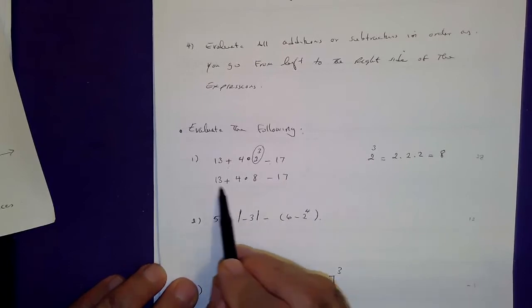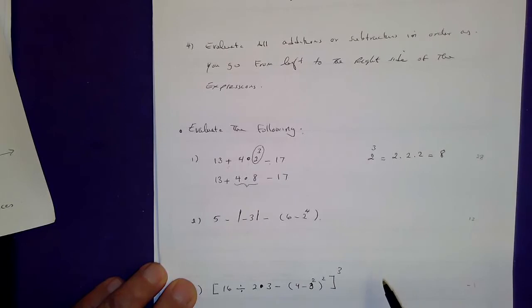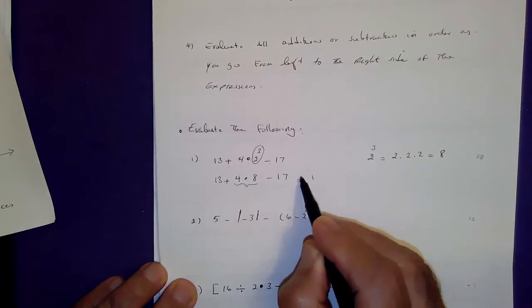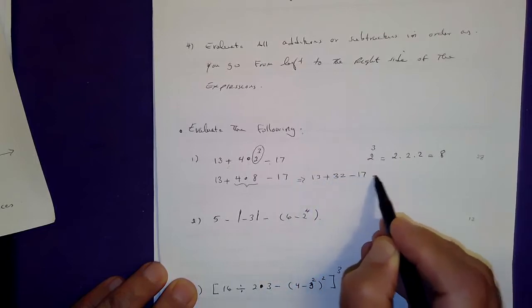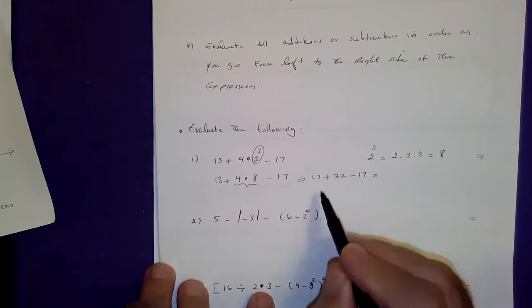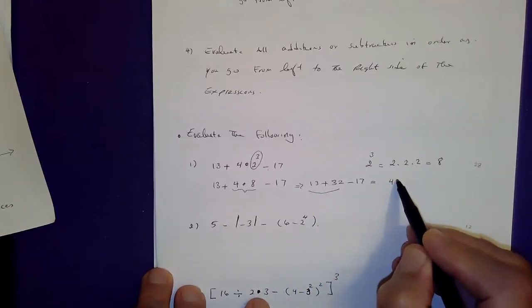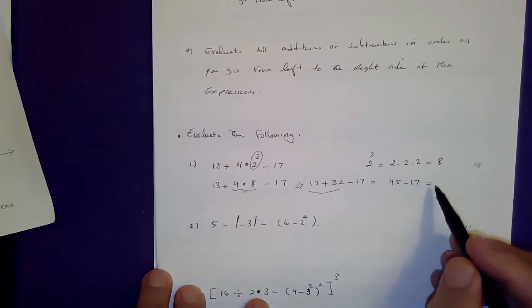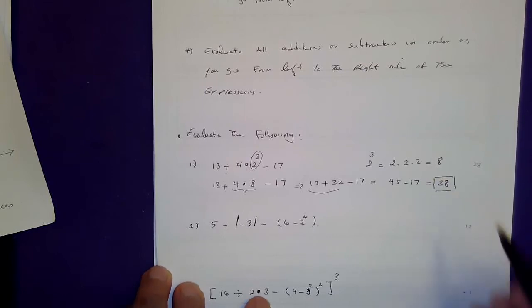But now as I go from left to right, I see multiplication. I got to take care of that first. When I do, I get 13 plus 32 minus 17. Then I see addition. That would give us 45 minus 17. Is that right? And then the final answer would be 28.